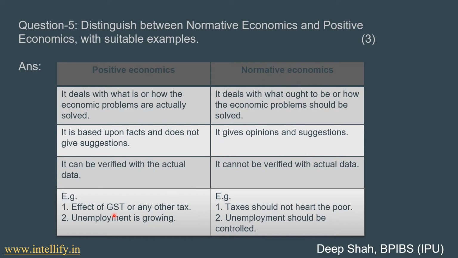Examples: effect of GST or any other tax, or unemployment is growing, are examples of positive economics. And taxes should not hurt the poor, unemployment should be controlled, are examples of normative economics. So it is clear that the words should and ought to be are there in normative economics statements.